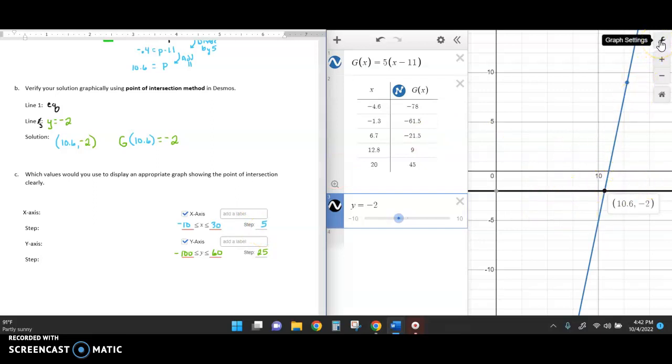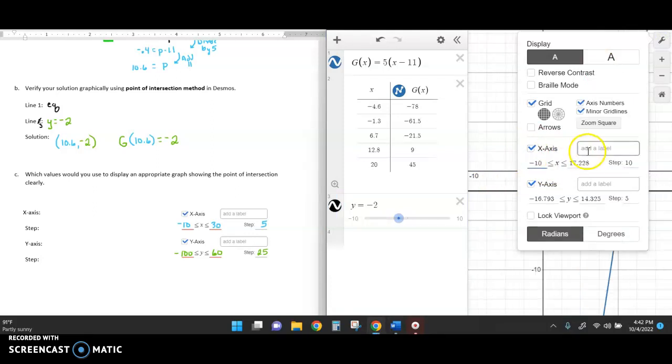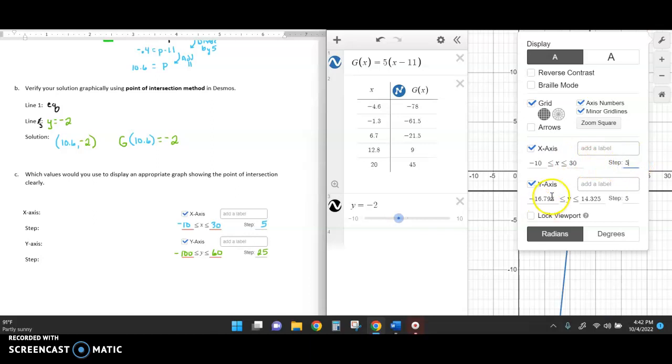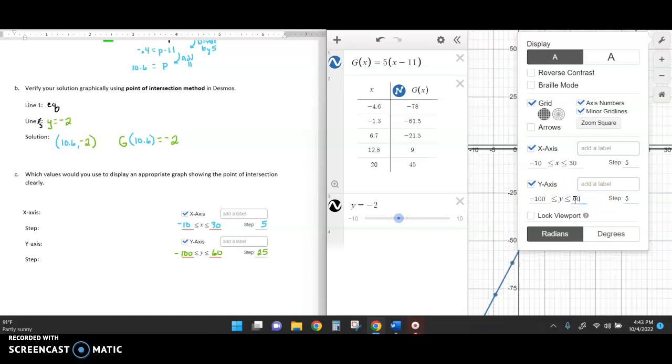So again, go to the wrench, which indicates graph settings, and we're going to change our values to match what we wrote down. So negative 10. We're going to go all the way up to 30. We're going to count by fives. And for the outputs, the vertical axes, we're going to go from negative 100 up to 60 and count by 25.